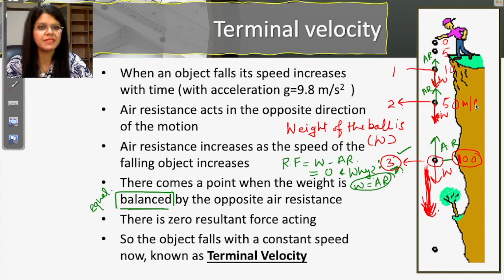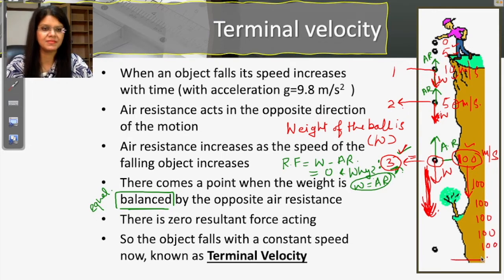I'm not writing down the units because of the space crunch here, but you need to understand we are talking about velocity. After this point, the velocity will not increase. Until this point, the velocity is increasing: 0, 5, 10, 15, 100. After this point, it will keep moving at 100, 100 and 100 until it hits the ground. This is what it means.